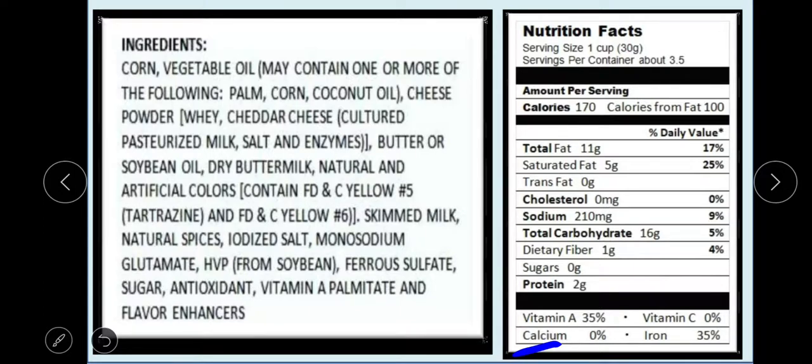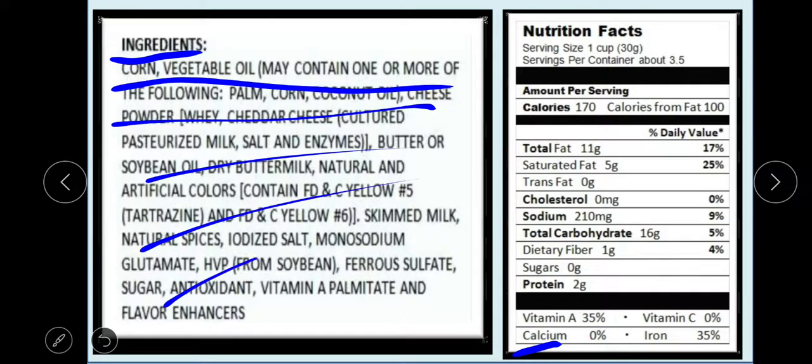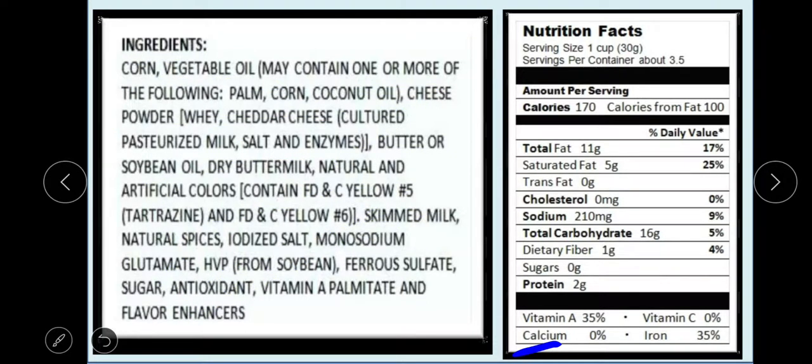And just read the ingredients. If I am going to read the ingredients, I cannot see calcium here, no? If you read all of these ingredients, you cannot find calcium, because calcium is present in cheese, no?